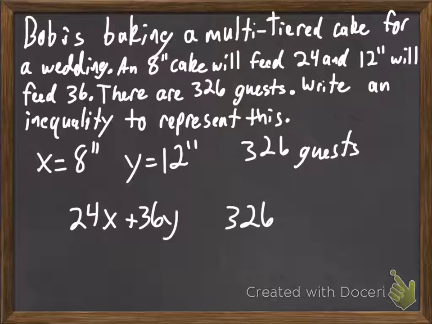So, we don't want it to just be equal to, we want it to be greater than or equal to. The inequality we get for this is 24x plus 36y is greater than or equal to 326. So basically we're going to take all of those 8-inch cakes plus all of our 12-inch cakes, and we want it to be more than or equal to that 326, because it is okay if we have more cake, especially for the guests. They'll want more cake.